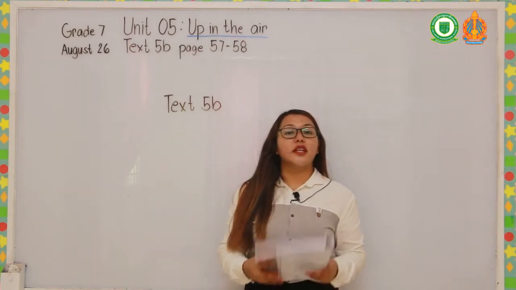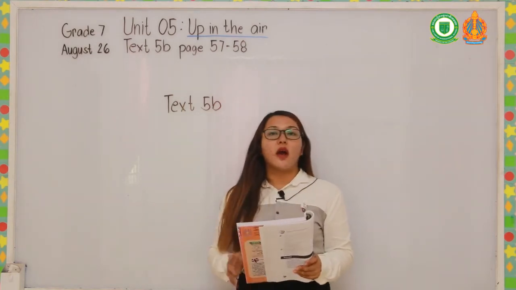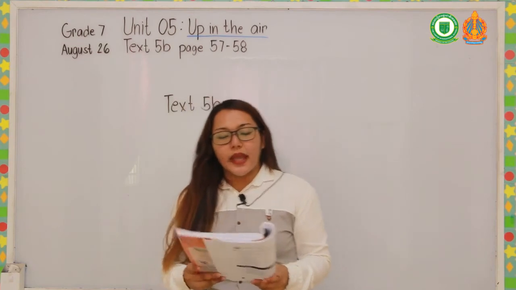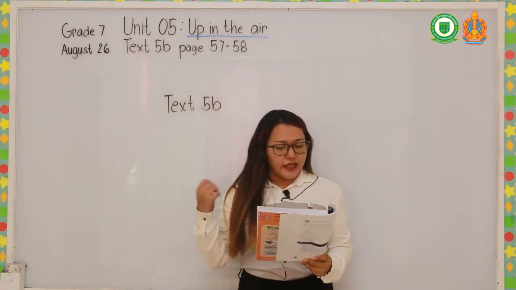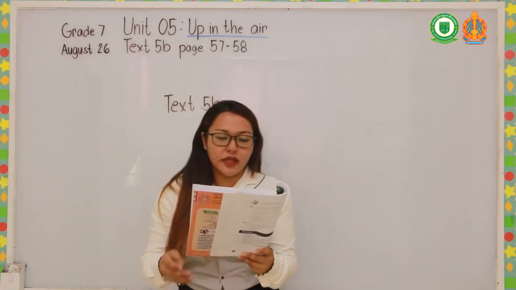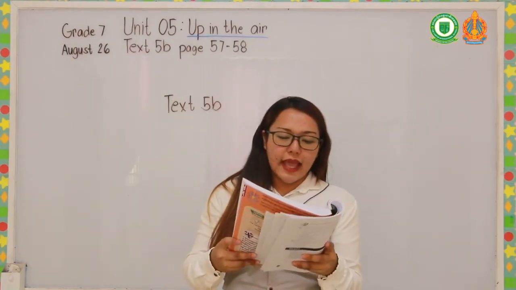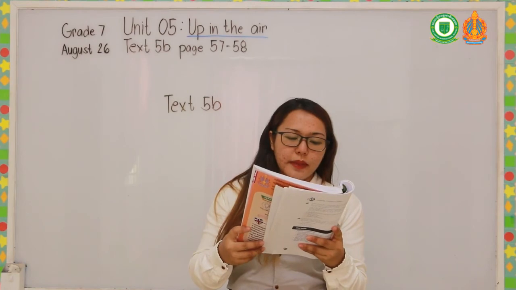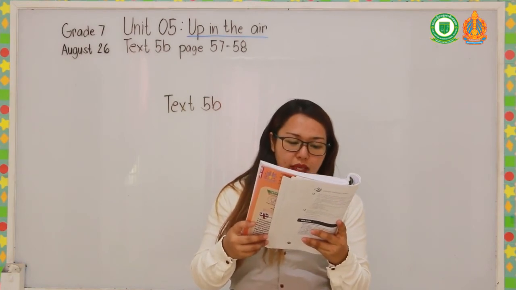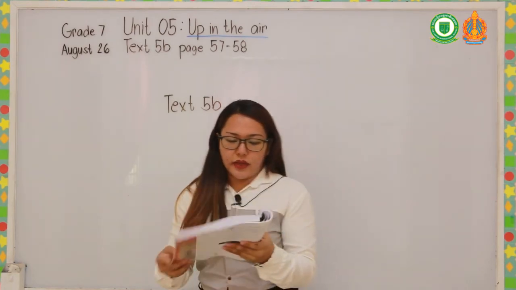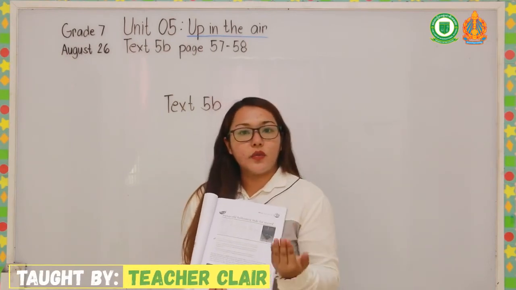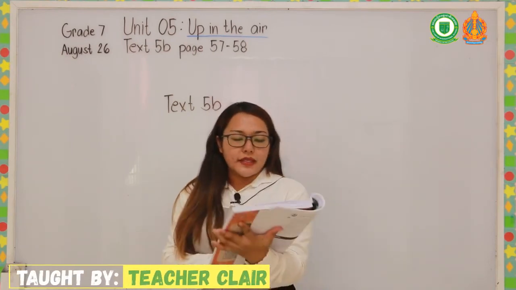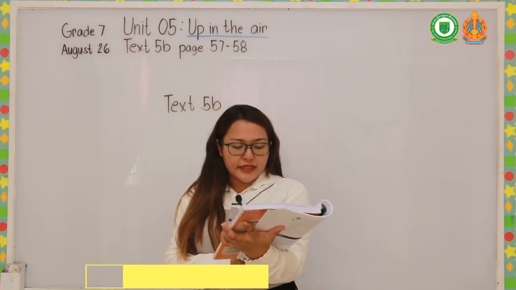I want you to try reading this article as well, and you can always go back to this video and listen to me while reading. And for task 2, kids, let's answer A, B, and C. I will give you more instructions for that, so that this will be your task 2.